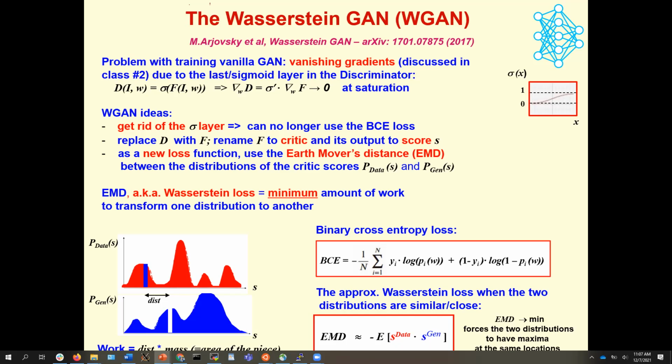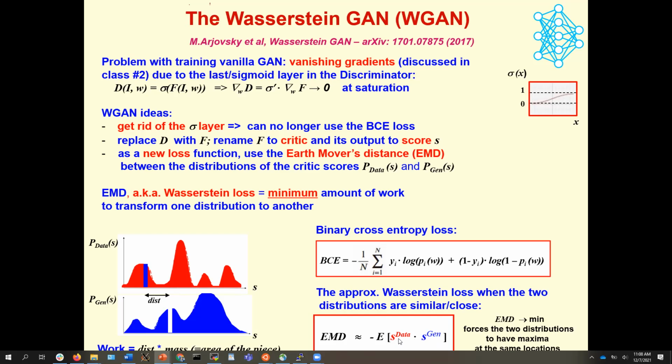It will have a maximum when the two distributions have maxima at the same positions. In other words, this maximization will force the two distributions to have maxima at the same locations. Indeed, if one distribution has a maximum and the other distribution at the same location has a minimum or zero, then the product will not be big; the maximum value times, say, zero will cancel out.